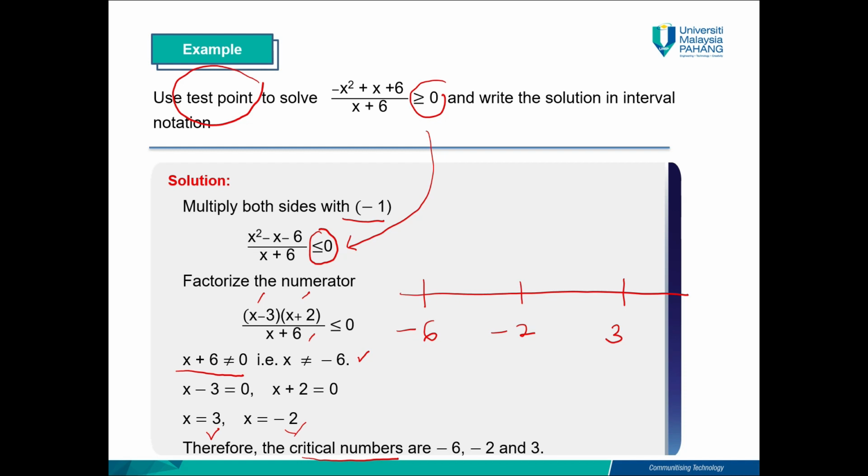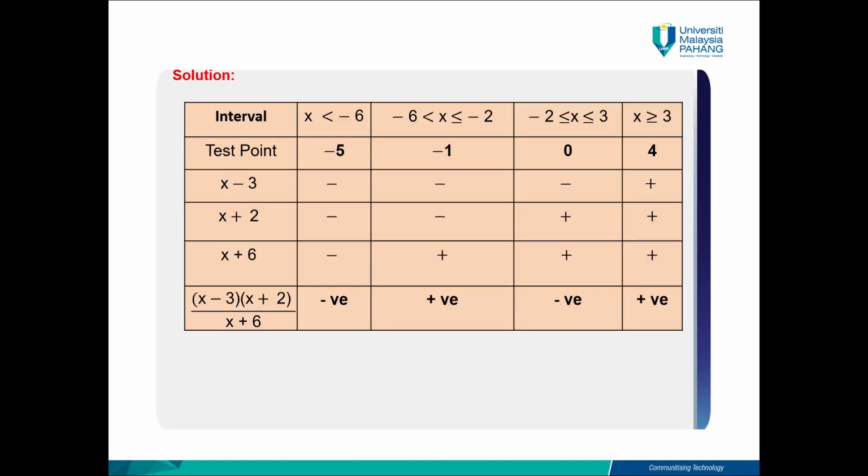So there are 4 intervals. So there will be 4 columns inside our table. First column, second column, third column, fourth column. Represent all 4 intervals. So we have x less than -6, x between -6 and -2.